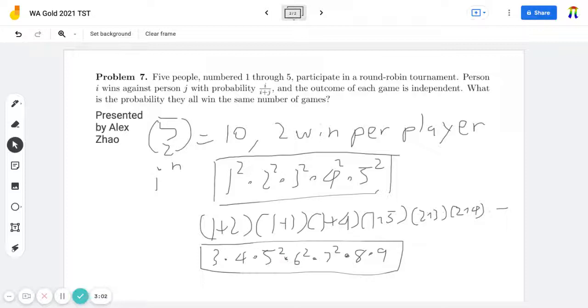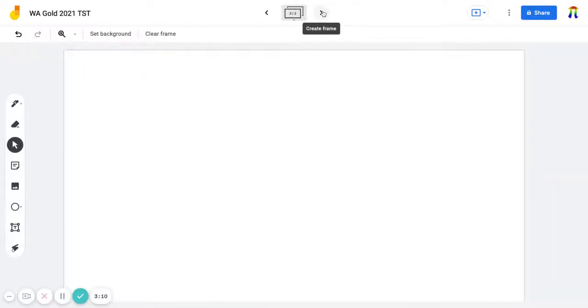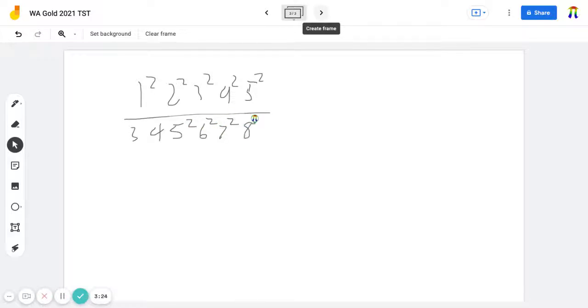So now computing this value, we get 1 squared, 2 squared, 3 squared, 4 squared, 5 squared over 3, 4, 5 squared, 6 squared, 7 squared, 8, 9. This is the value we want to compute.